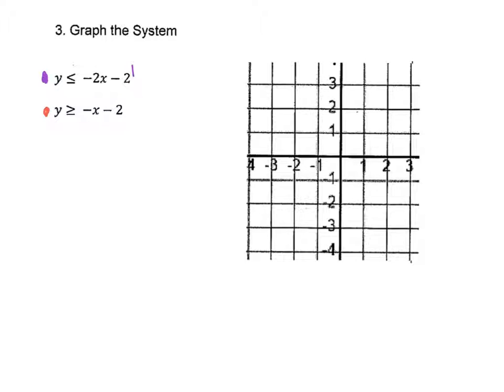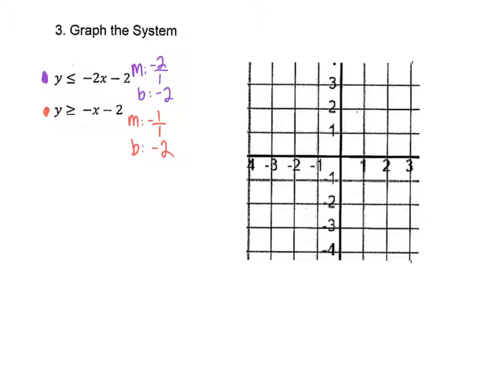Purple: m is -2 over 1, b is -2. Red: slope is -1 over +1, y-intercept is -2. Stay organized. You have to stay organized.